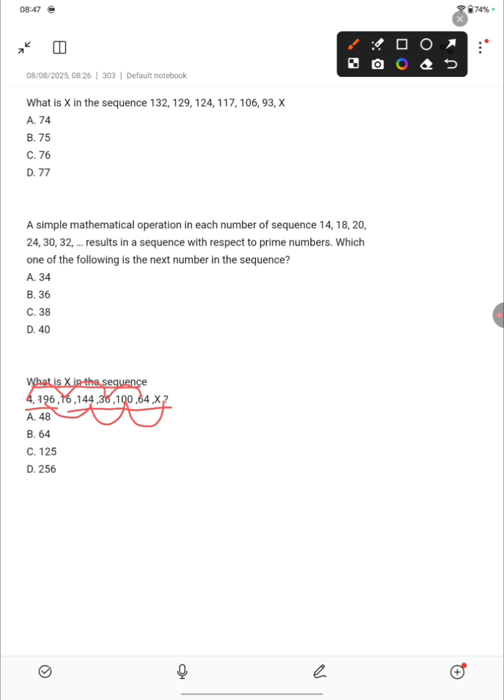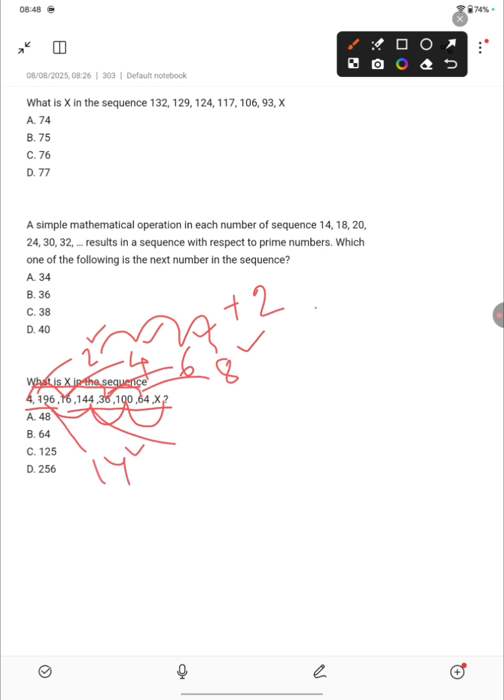We know that 4 is the square of 2, 16 is the square of 4, 36 is the square of 6, 64 is the square of 8. Here the number is increasing by 2, and 196 is the square of 14, 144 is the square of 12, and 100 is the square of 10.